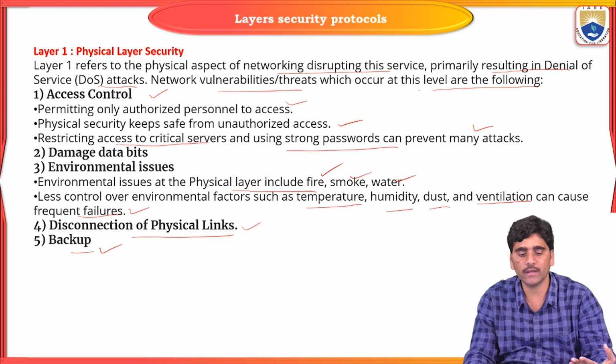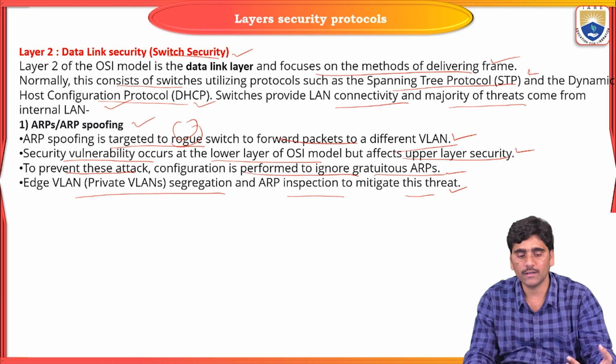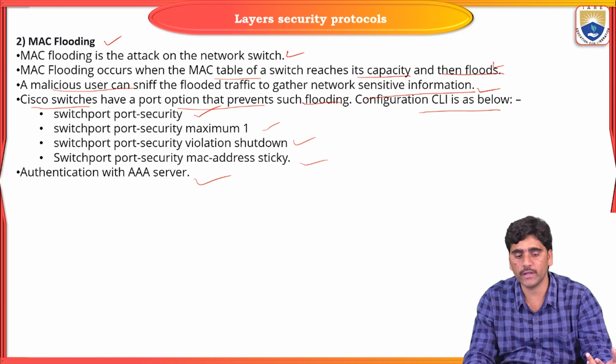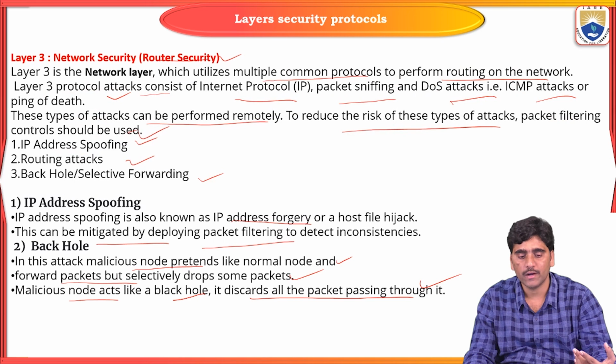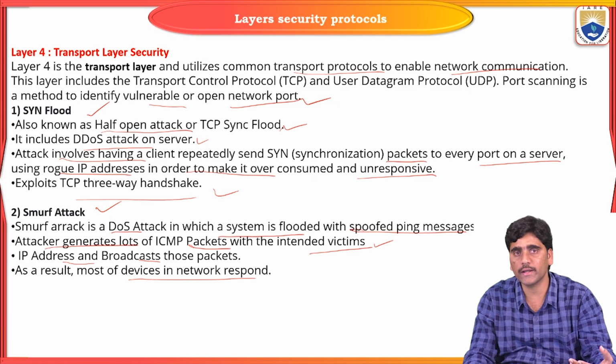And each layer has some attacks. At the physical layer: access control attacks, damaged database, environmental issues, disconnection, physical links, and backups. At the data link layer: ARP spoofing, MAC flooding, spanning tree attacks, private VLAN attacks, multicast brute force attacks, and random frame stress attacks. At the network layer: IP address spoofing attacks and backhaul attacks.